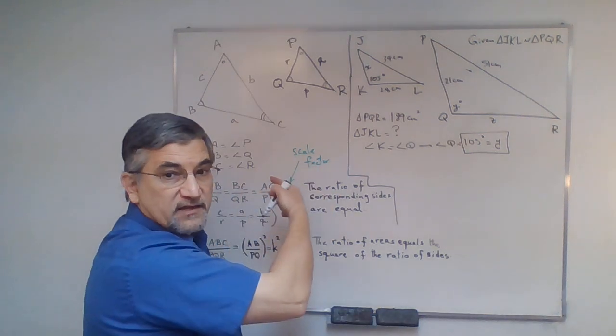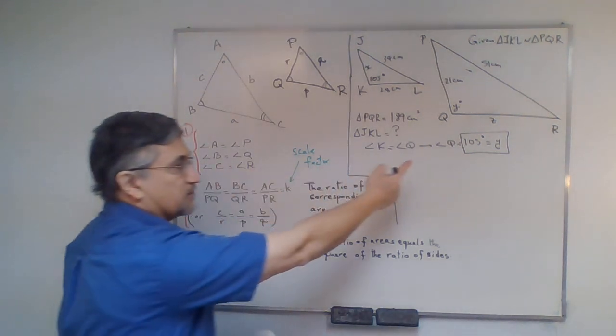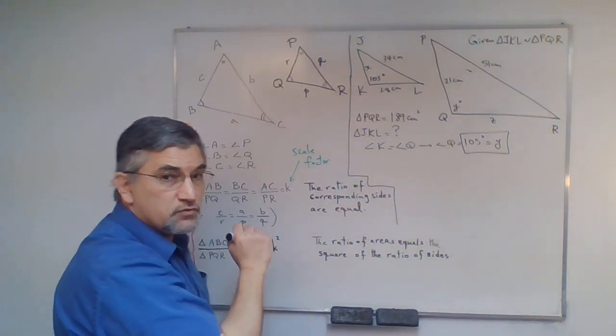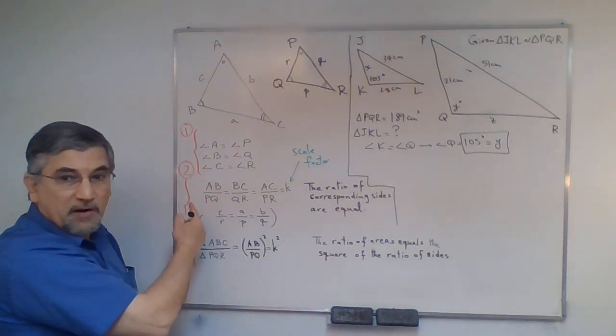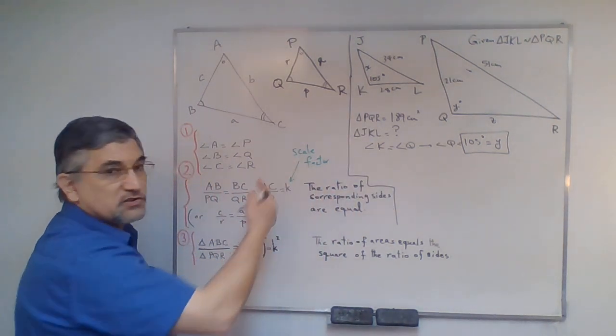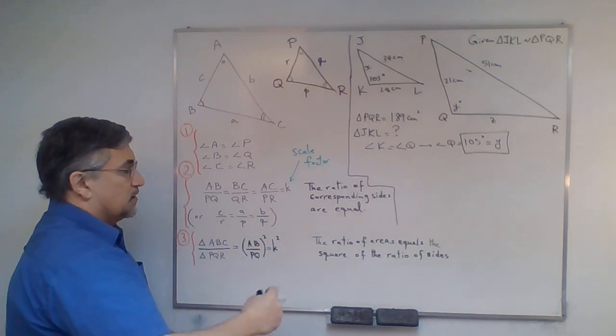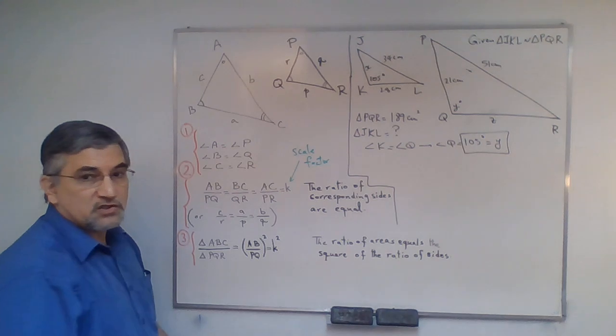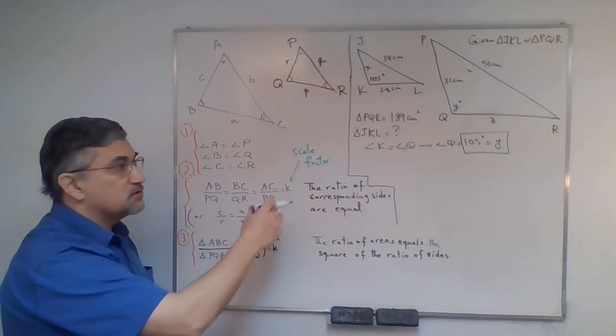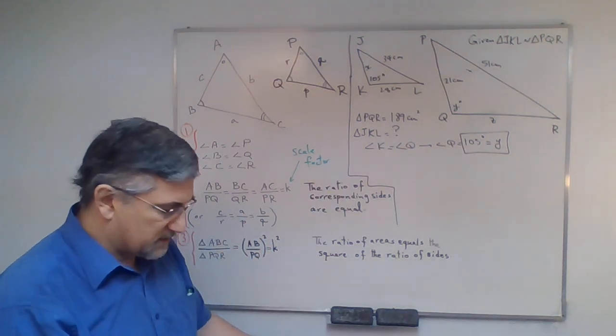I used the first property and found angle Q, and found Y is 105 degrees. And now using the second property: because the two triangles are similar, one small, one large, the ratio of corresponding sides are equal, and I'm going to use this property to find the other unknowns in the exercise.